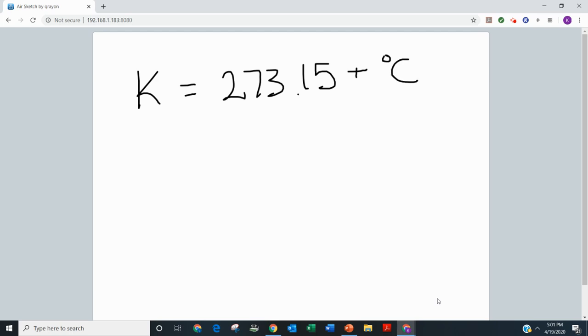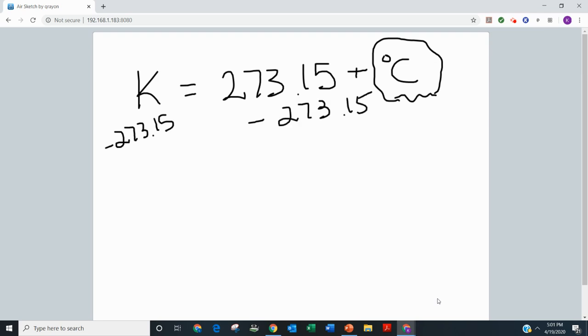So if we're going to rearrange this and solve for degrees C, like we did in class, we would circle it, and we have to subtract 273.15 from both sides of the equation. When we do this on the left side, we get K minus 273.15.